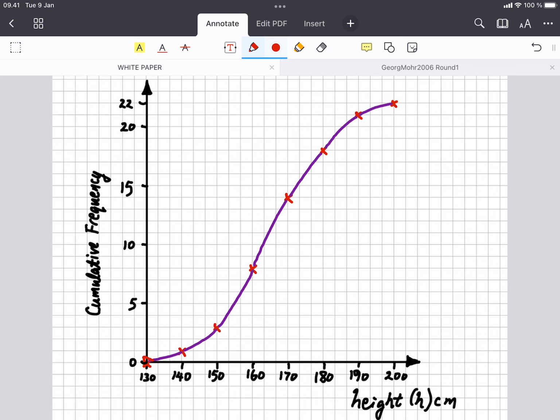And of course this graph is continually increasing because it's showing a running total of the people, so it's always going to get more and more and more. And then it eventually levels off at the point where we've got all of the people on the graph, all 22 people. So here are the heights from 130 to 200. Here are the people from 0 to 22.